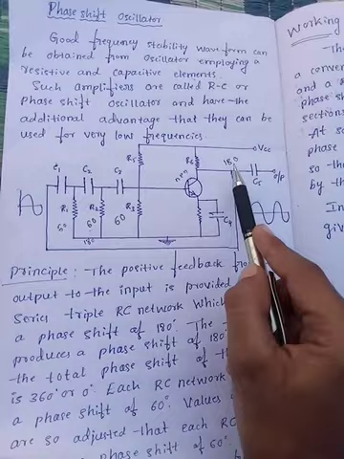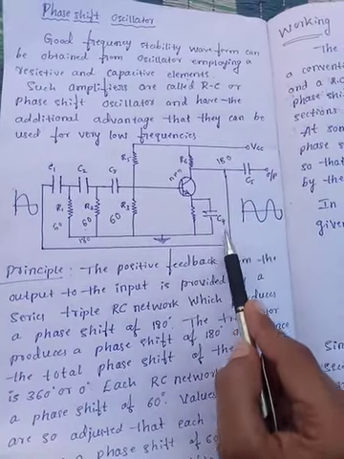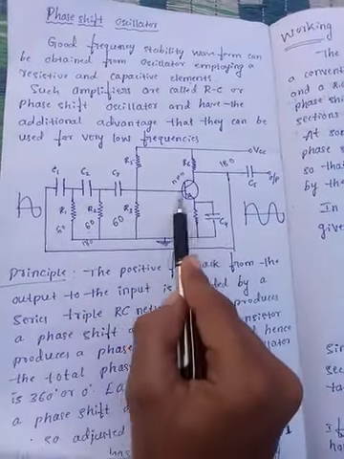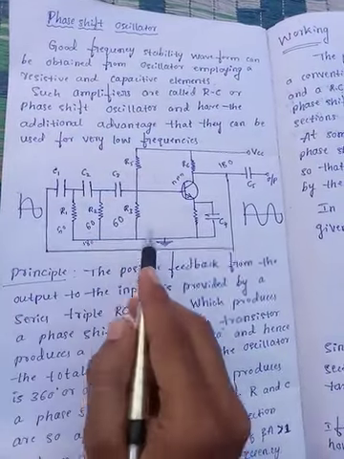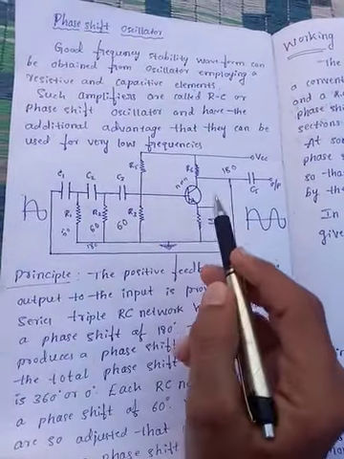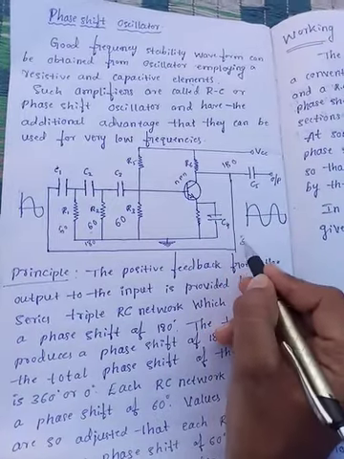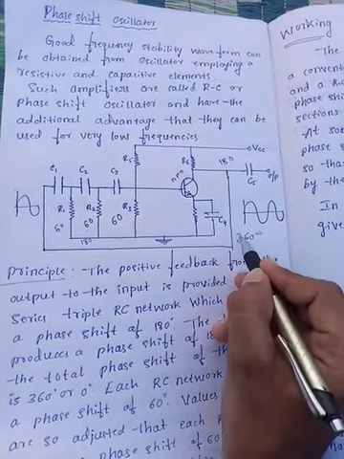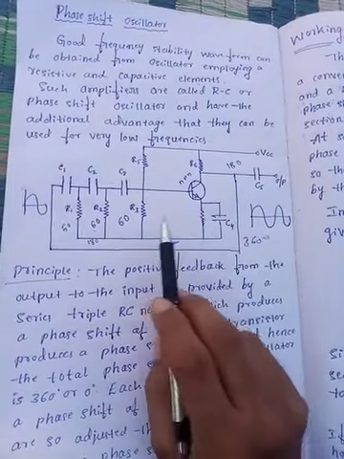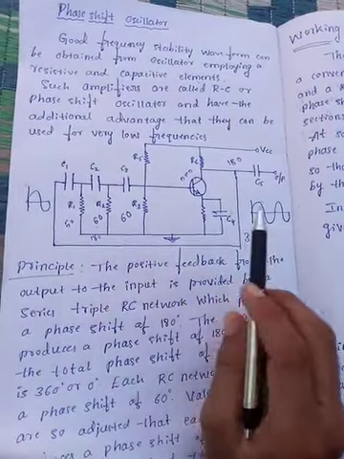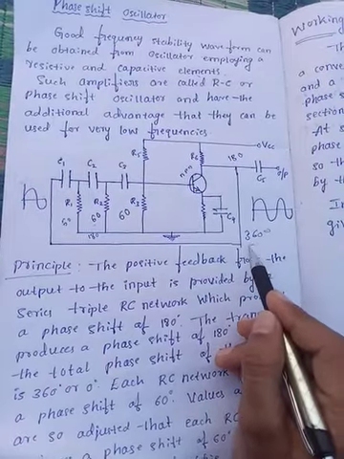So this total is fed back to the input through the feedback network. So the output is 360-degree phase. This is the input, this is the output. So 180 degrees plus 180 degrees is 360-degree phase.